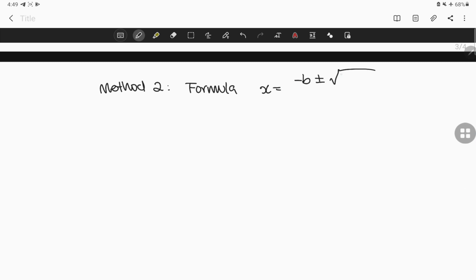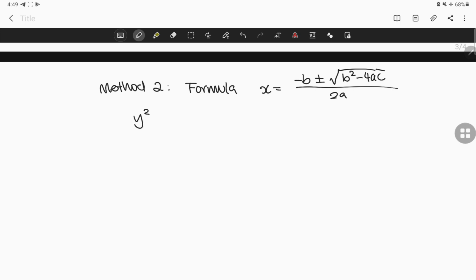The second method utilizes the quadratic formula. Do you remember what the formula is? The formula is x is equal to negative b plus minus the square root of b squared minus 4ac, divided by 2a.